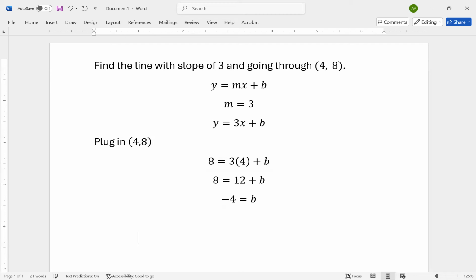So I know that the equation of that line is going to be y is equal to 3x minus 4. Or you could say plus a -4, really doesn't matter. But the equation I'm looking for is y equals 3x minus 4.